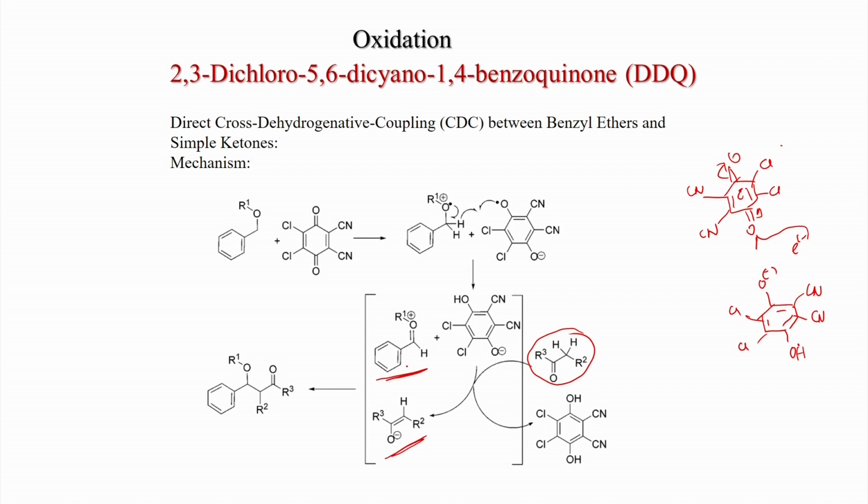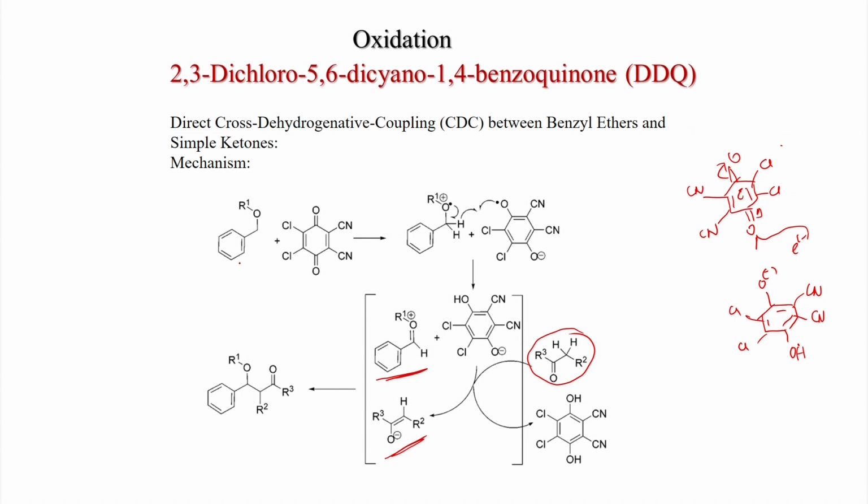So, what happened? DDQ activating both electrophile and nucleophile, both partners, this as well as the carbonyl compound, both activated by DDQ. So, this enolate is forming, because this is the base now, and after deprotonation it becomes the hydroquinone system, and now this is an oxonium ion, this is an enolate. So, this desired reaction will take place, and you get the C-C bond formation.